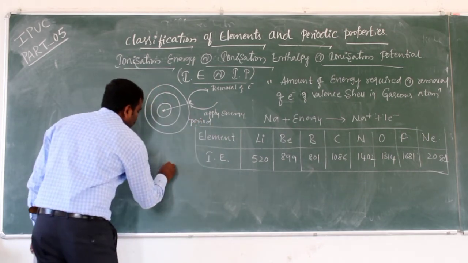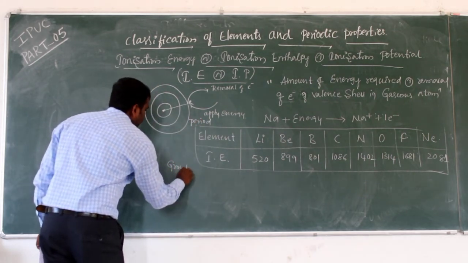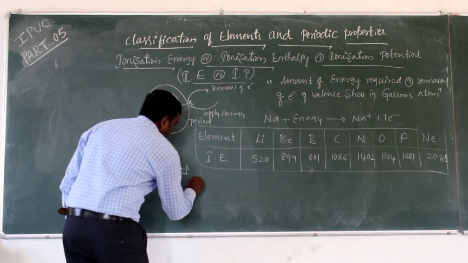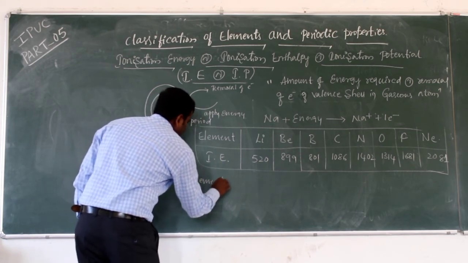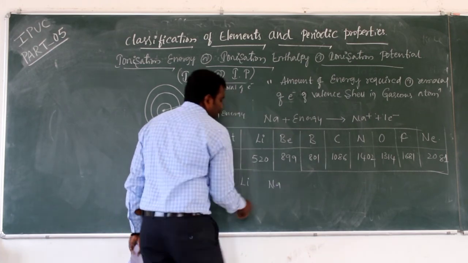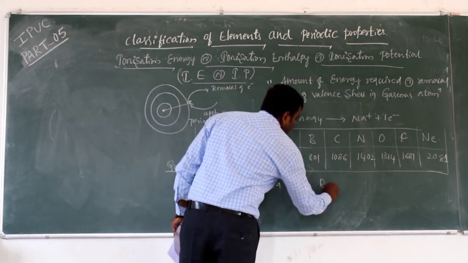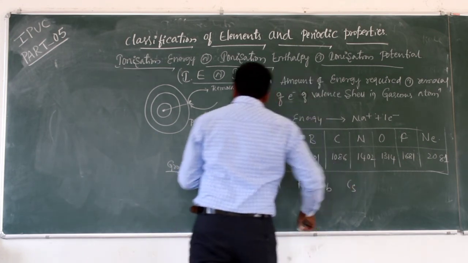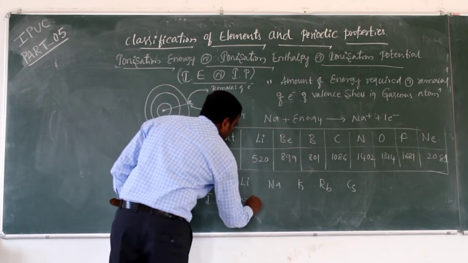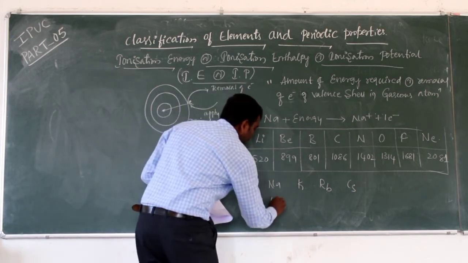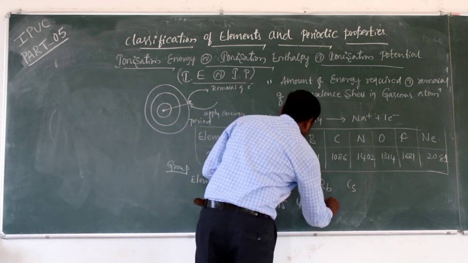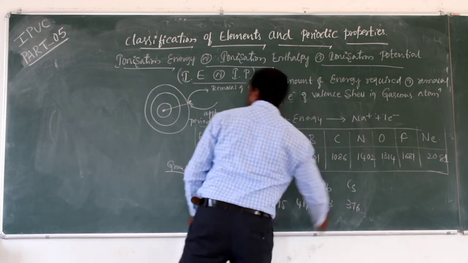And what about the group? Down the group, if we look, what about the group, right? For example, here the elements are lithium, and then sodium, potassium, rubidium, and one more, cesium, right? Its ionization enthalpy is, we already know lithium is 520, here 495, 417, 403, and 376.